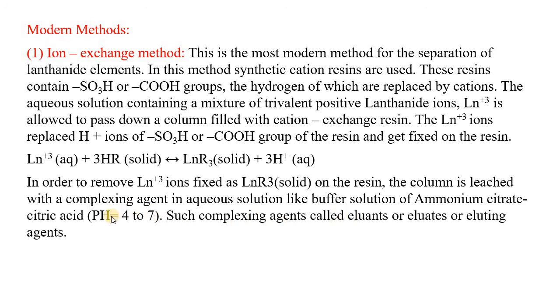The ammonium citrate and citric acid buffer solution is mixed in water and added from the top of the column. Such complexing agents are called eluents, eluates or eluting agents. These eluting agents separate the ions from the ion exchanger packed in the column.